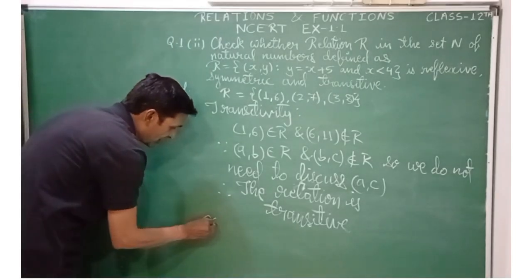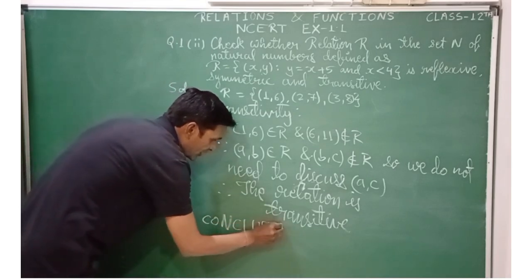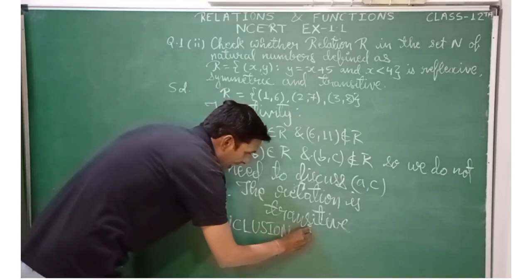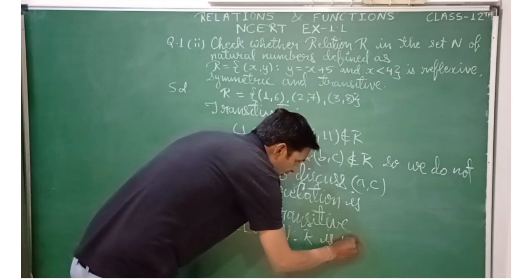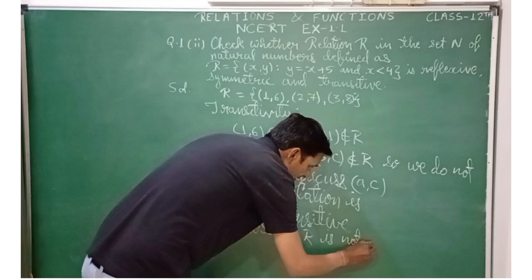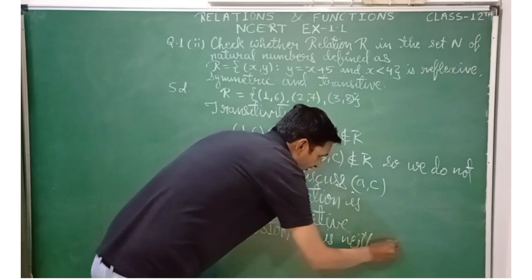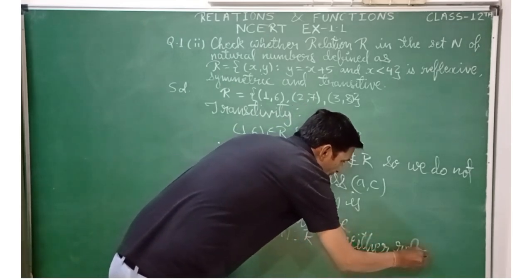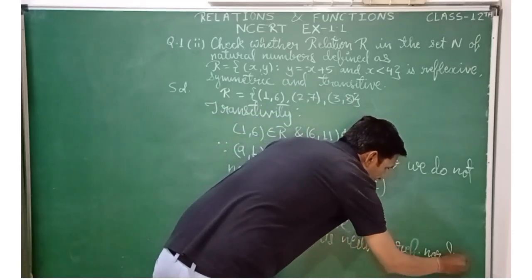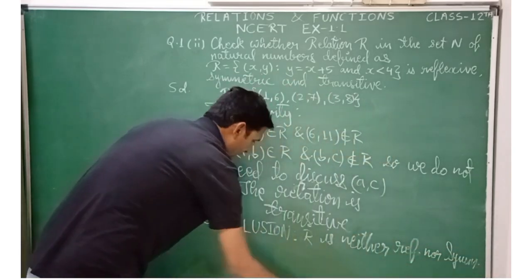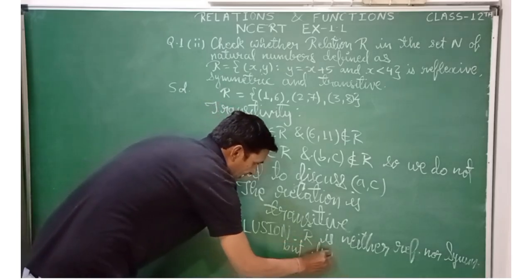Now, what is the conclusion? The conclusion is that R is neither reflexive nor symmetric, but it is transitive.